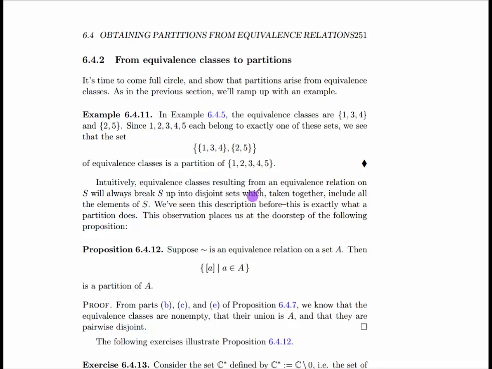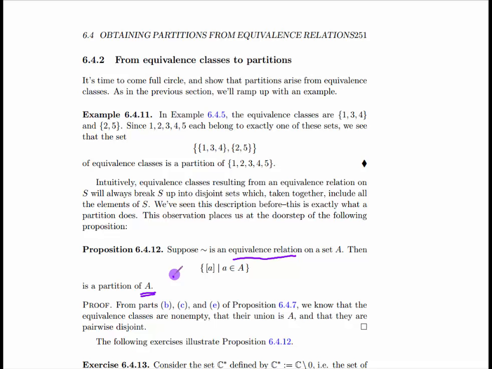And I'm just going to go right into this subsection here, that in fact we will show that for any equivalence relation, if I consider the equivalence classes of that equivalence relation, those equivalence classes form a partition of the set on which the equivalence relation is defined.